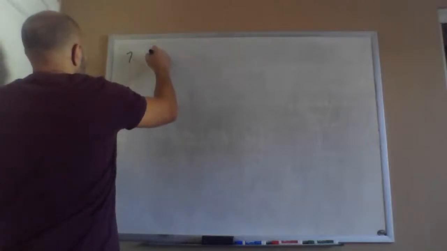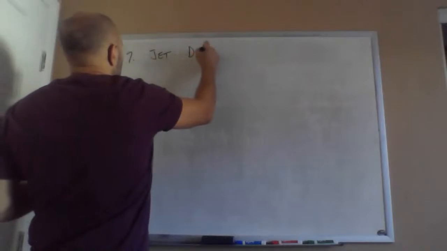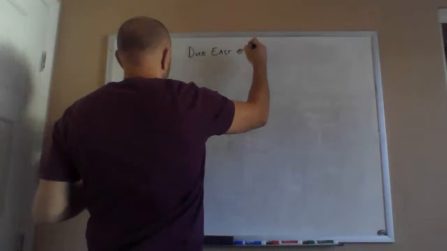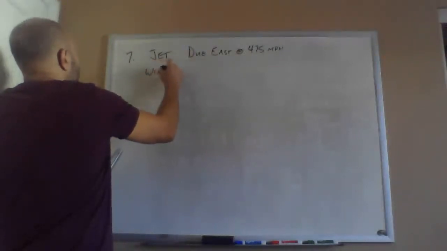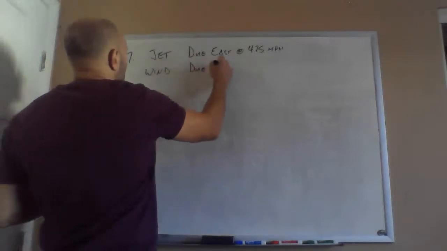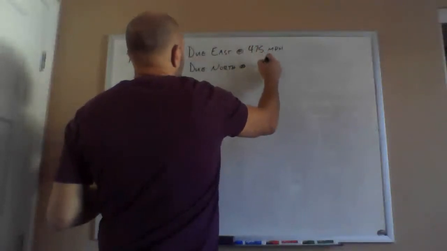So the first one we have from 9.1 is number 7. We have a jet that flies due east at 475 miles per hour, and we have a wind that's blowing north at 40 miles per hour.